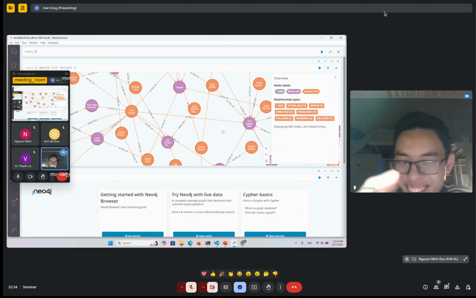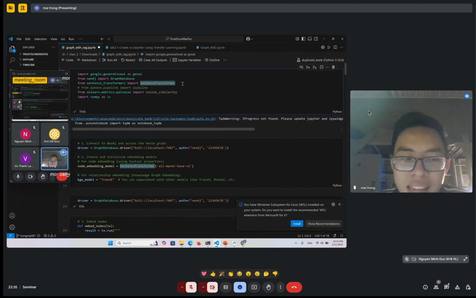So let's start. Here you just need some libraries. Sentence Transformer is used for embedding. If you don't like embedding, you can use traditional methods like TF-IDF, BM25, Levenshtein distance, a lot.